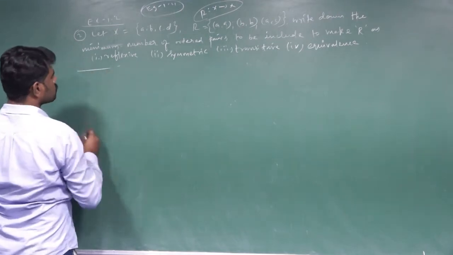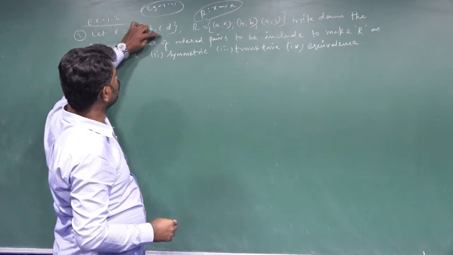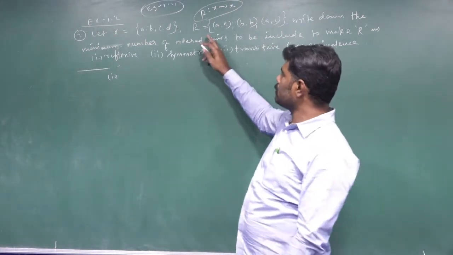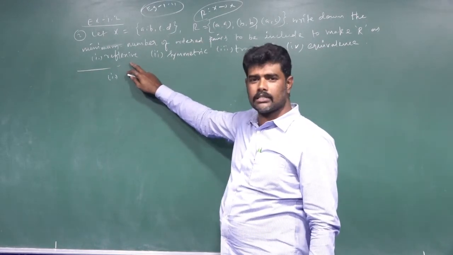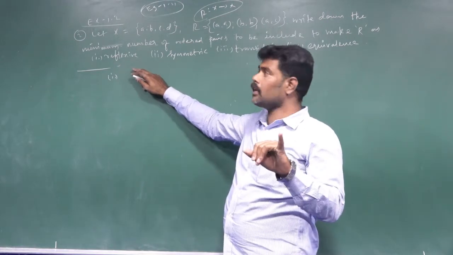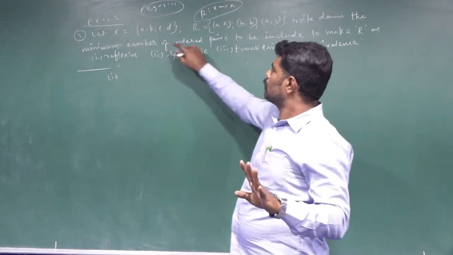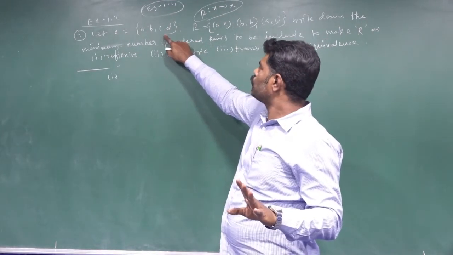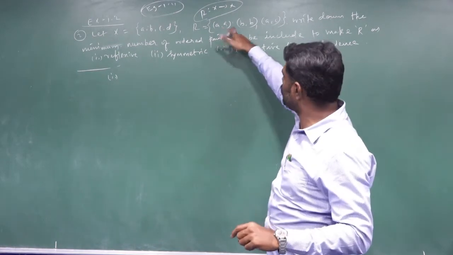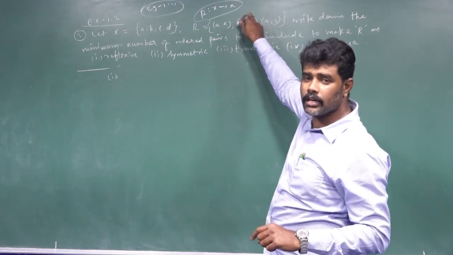Here, the first case. Okay, listen. X consists of four elements A, B, C, D. So if the relation R satisfies the condition reflexive, four pairs should be there: AA, BB, CC, DD. If there are four elements, four pairs should be there with the same elements. But here only the pairs AA and BB are present.